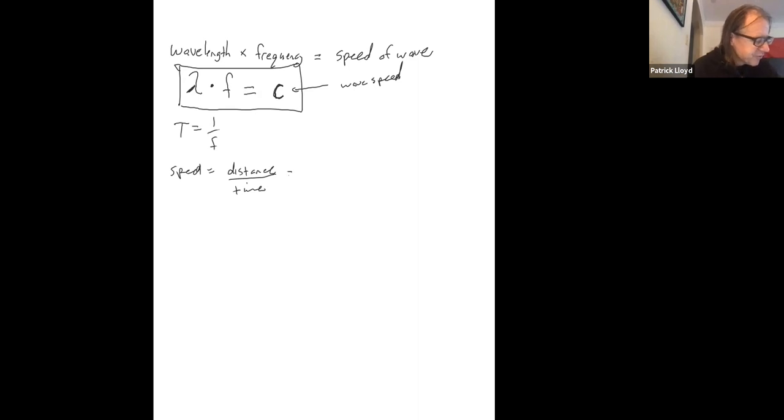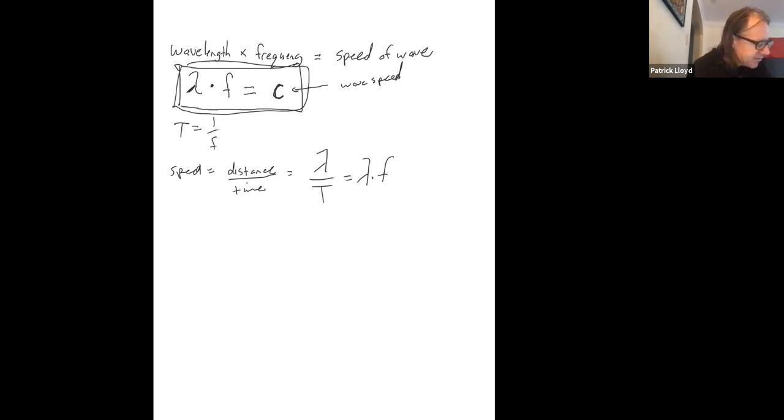So distance is wavelength, and then period is time. So it's really lambda over T, but since frequency is 1 over T, what you get is lambda times f. So your speed would be lambda times f, and that's why that equation looks like it does.